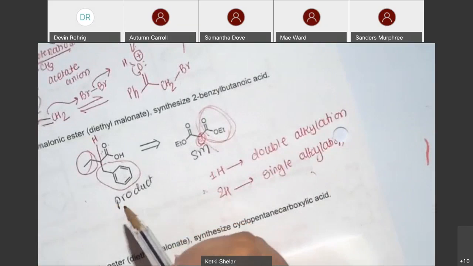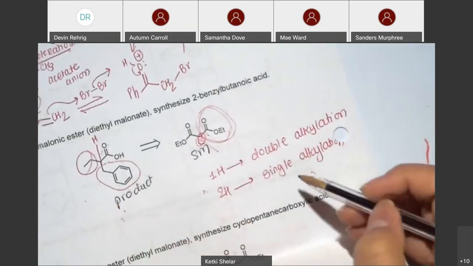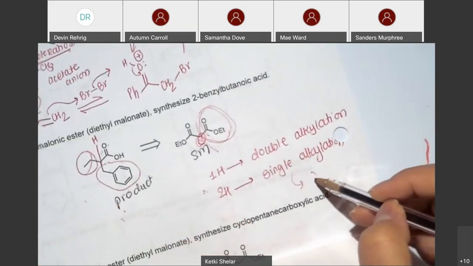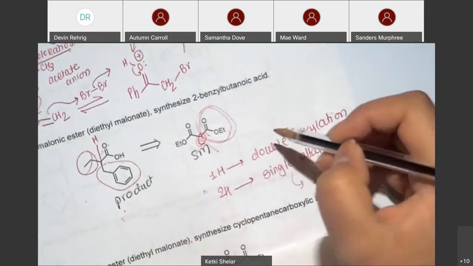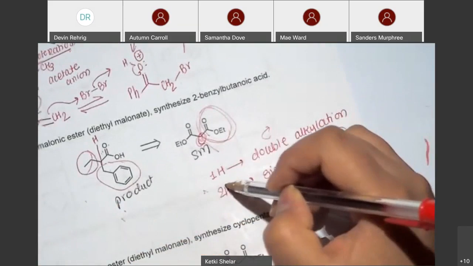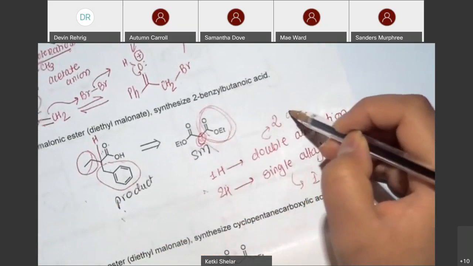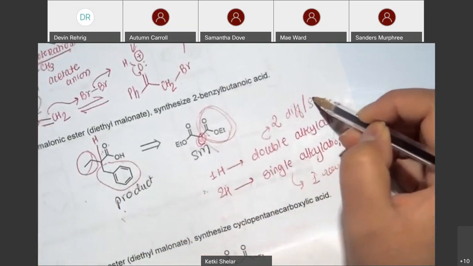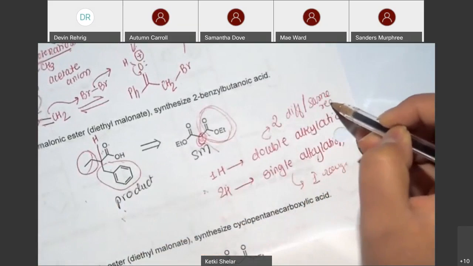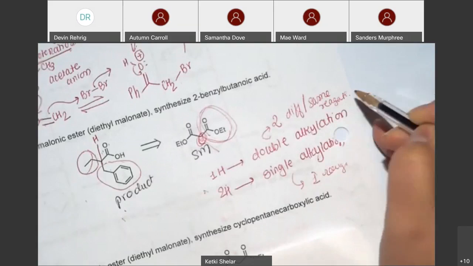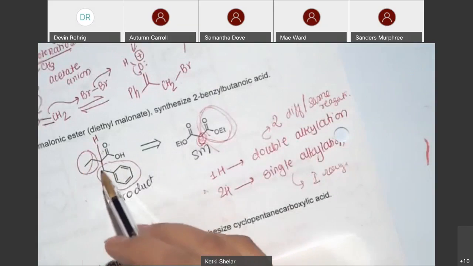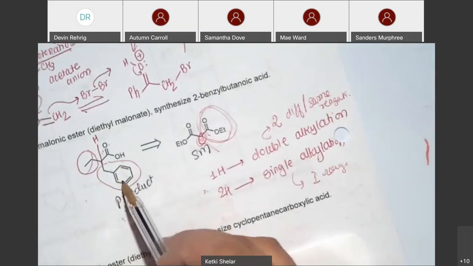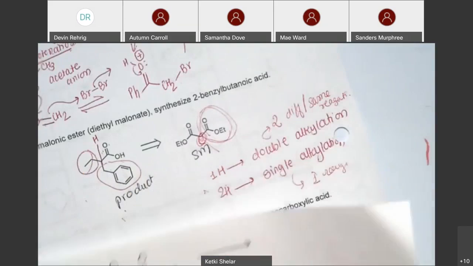So right now in our case, if there is single alkylation, you only need to add one alkylating reagent. Here, if there is one hydrogen, you need to add two different or two same reagents depending upon the structure. So right now you can see that there are two substituents which are very different. So you need to add two different reagents.